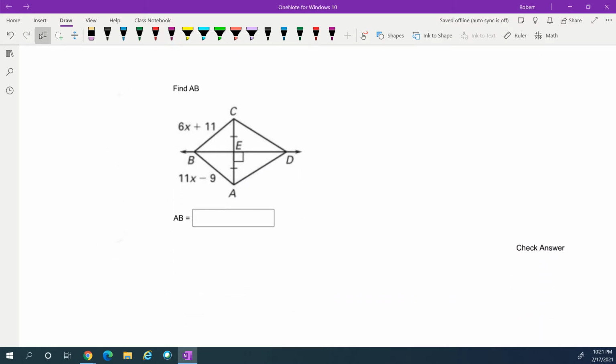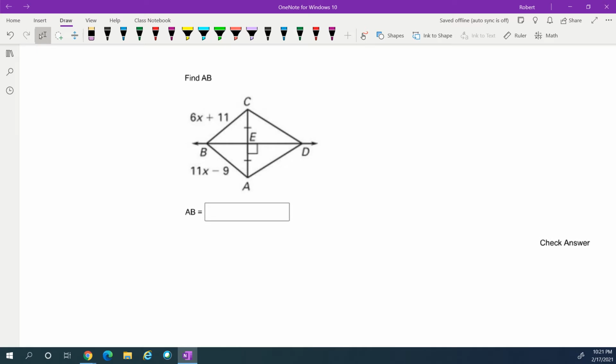In our third problem, the picture appears a little bit more challenging, but the reality is we're just using this half of the picture. Again, we have our perpendicular bisector.